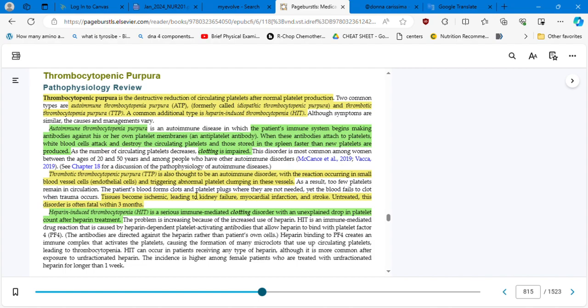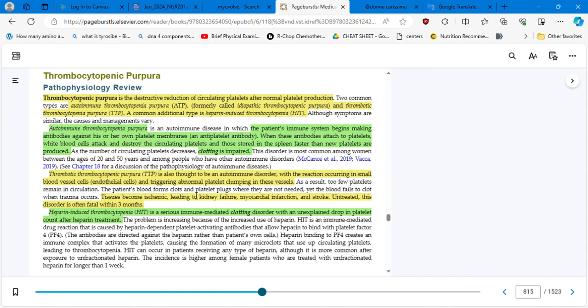We have autoimmune thrombocytopenic purpura, which is also called idiopathic, and we have thrombotic thrombocytopenic purpura, TTP, and we have another type, which is heparin-induced thrombocytopenia, which is the HIT. So, autoimmune, the ITP.